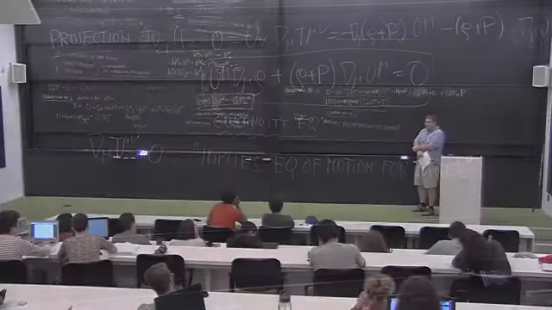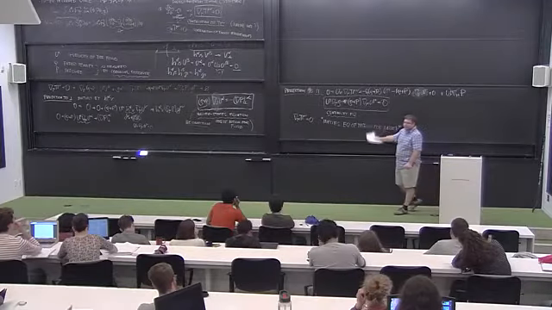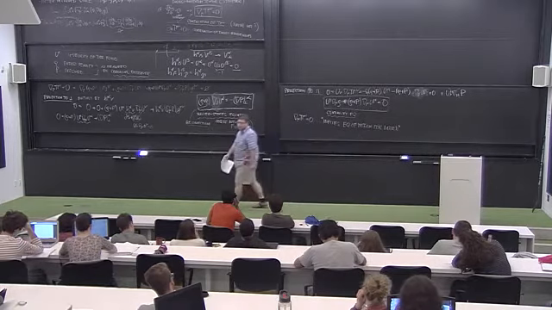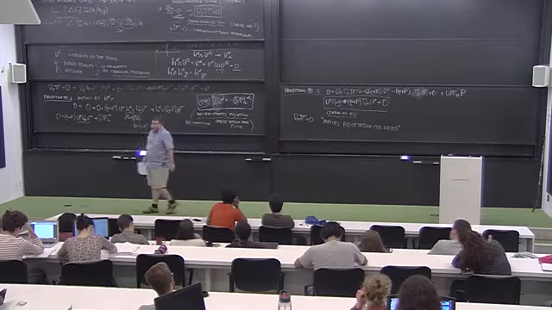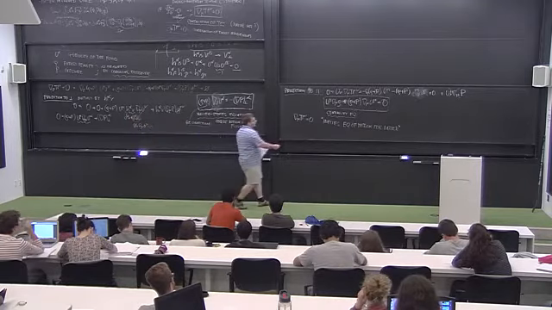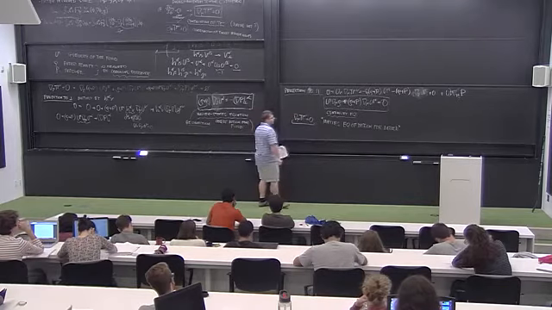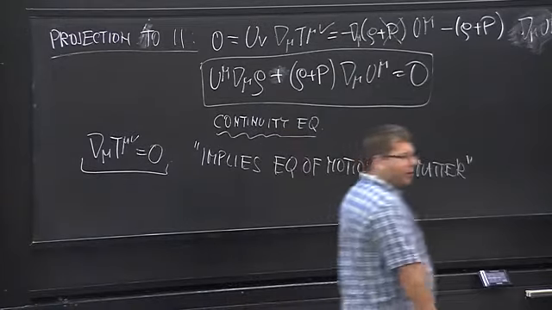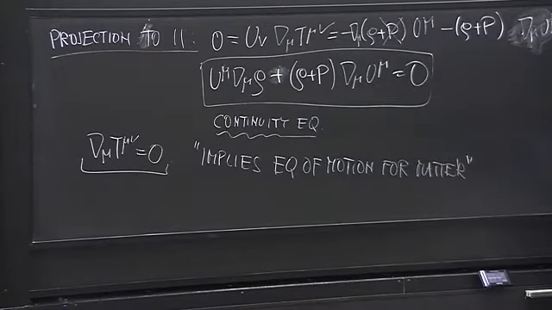Now I am asking what nabla_μ T^{μν} = 0 gives me for the particle, and you would find that it gives you the geodesic equation for the particle. So you should be thinking about nabla_μ T^{μν} as an equation of motion for the matter.